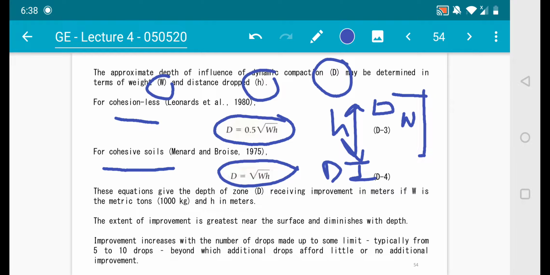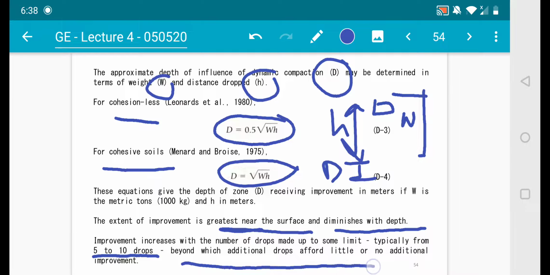Please take care of your units. The extent of improvement is greatest near the surface and diminishes with depth. Improvement increases with the number of drops made up to some limit, typically from 5 to 10 drops. Beyond that, with additional drops, there is little or no additional improvement.